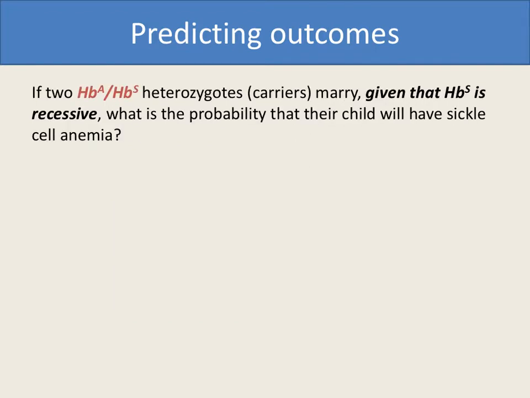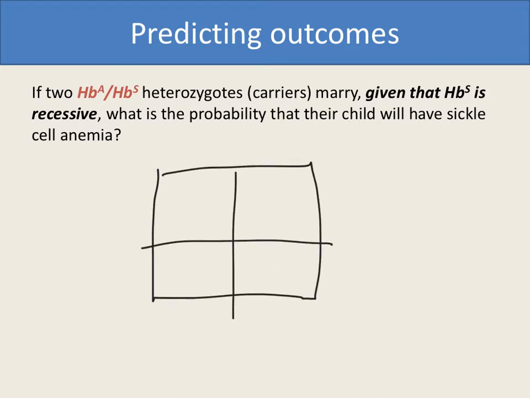Now, you can figure out what genotype and phenotype an individual is if you know what their parents are. So let's say this is the man, this is the woman.